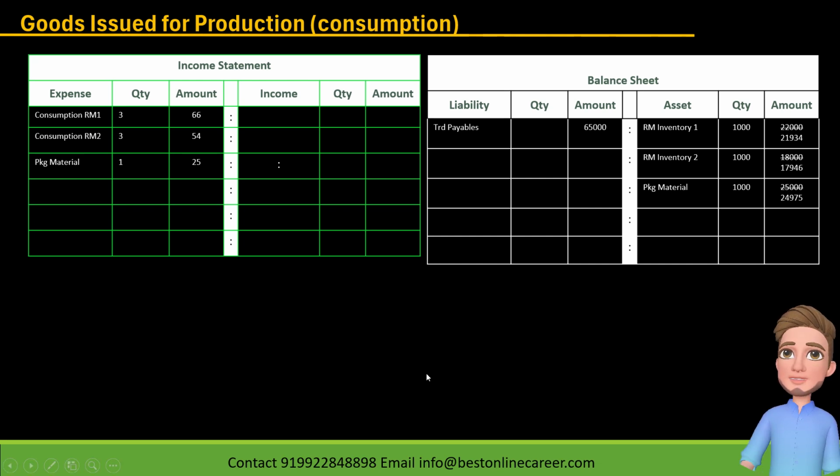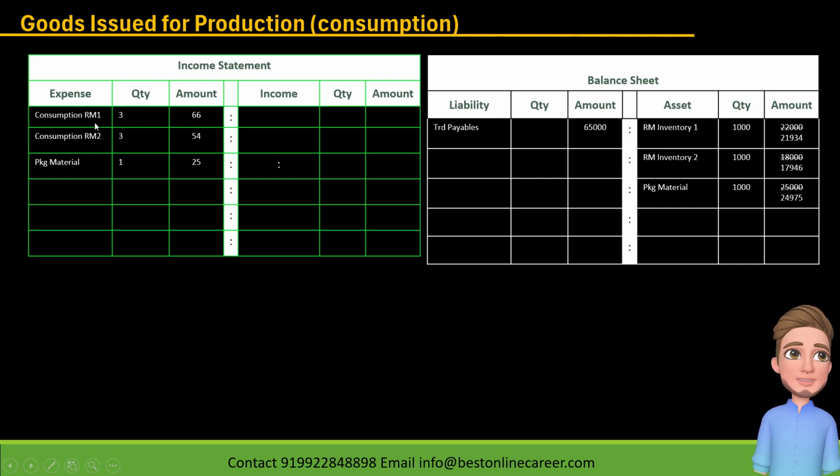Now I issue 3 units of raw material 1, 3 units of RM2, and 1 unit of packing material for producing this 1 unit. So my inventory on the balance sheet reduces and I hit my P&L as consumption.